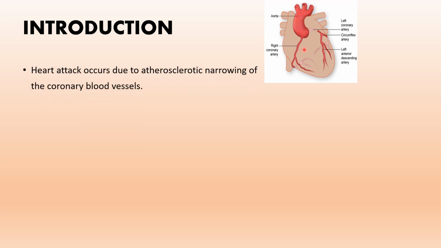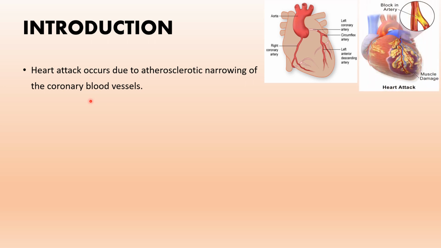So what is a heart attack? How does it occur? Heart attack occurs due to atherosclerotic narrowing of the coronary blood vessels. What is meant by atherosclerotic narrowing? You are seeing here, this is the heart blood vessel. This is the inside of the heart blood vessel.